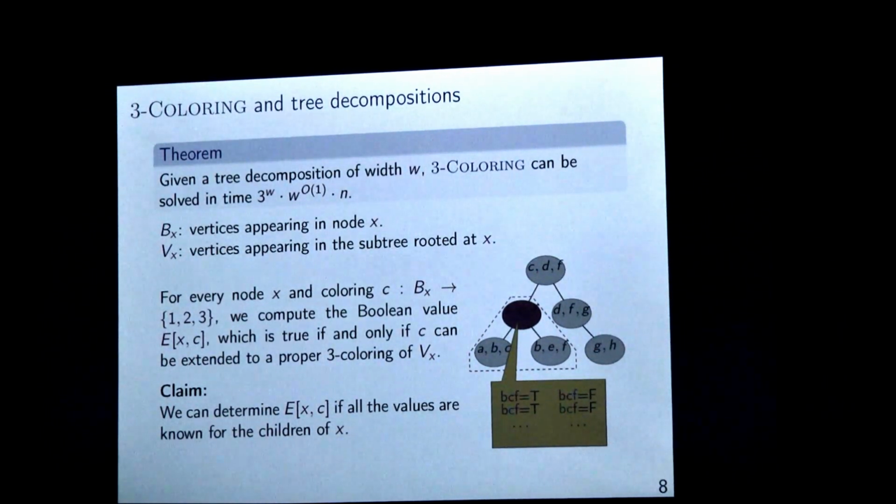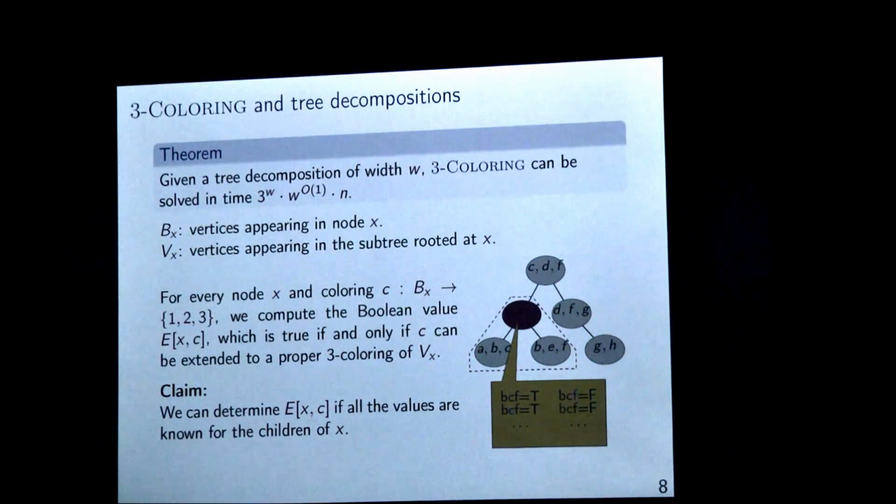And now I make a Boolean variable for every node x and coloring c of Bx to 1, 2, 3. We compute the Boolean value E of x, c, which is true if and only if c can be extended to a proper 3 coloring below. So if I fix the coloring of this bag, is there a way to extend this coloring to the graph induced on all the vertices below, which is consistent with this?